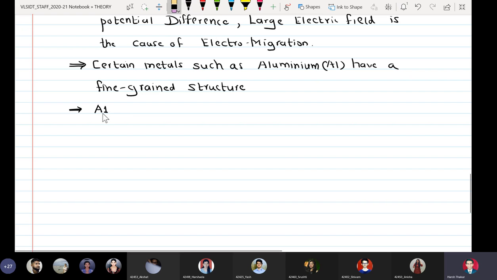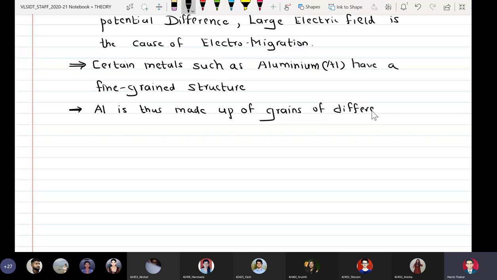Aluminium is thus made up of grains of different sizes.